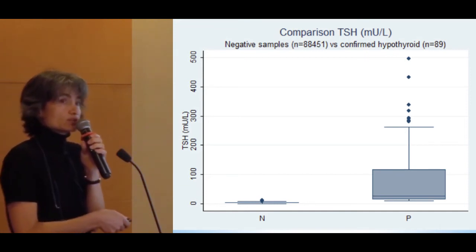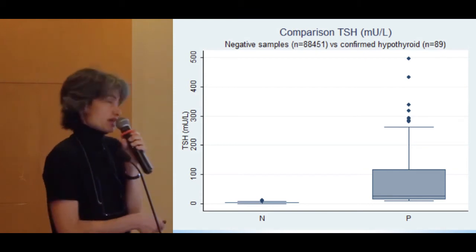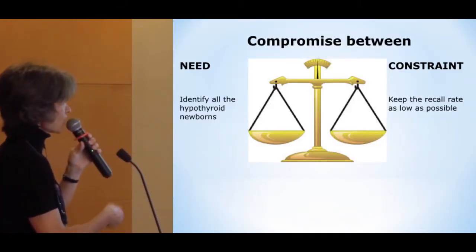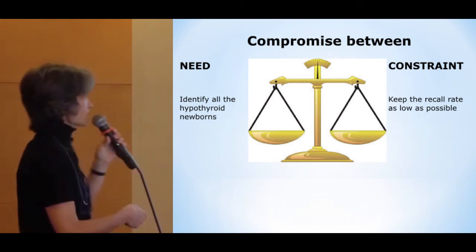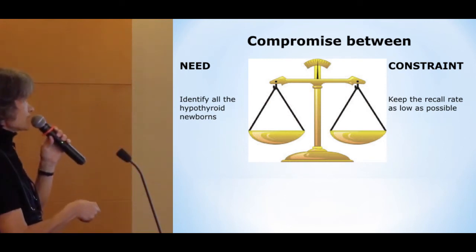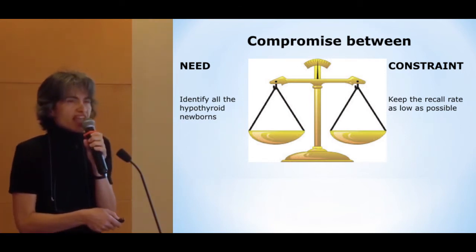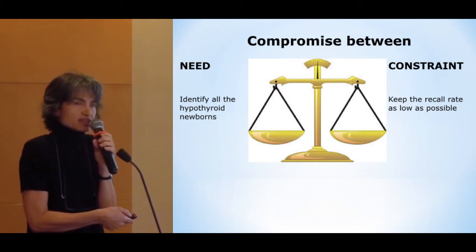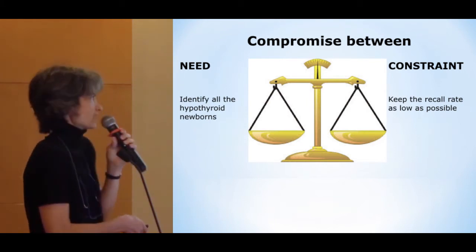Remember what Tony told you about the two curves? They are overlapping. This is the case, okay? So we have to reach a compromise between the need to identify all the hypothyroid newborns and the constraint of keeping the recall rate as low as possible.